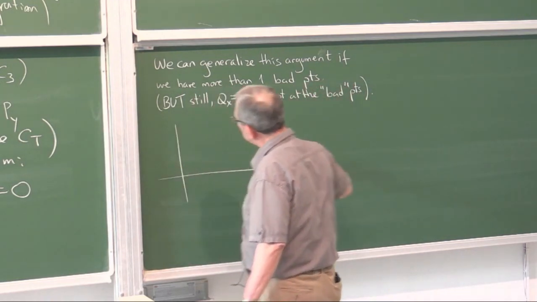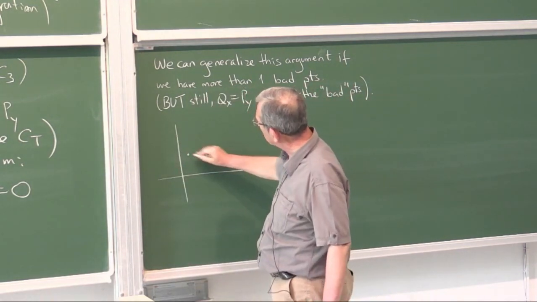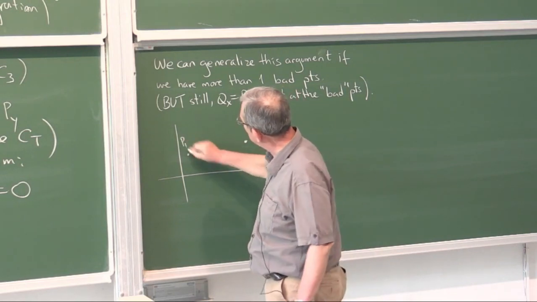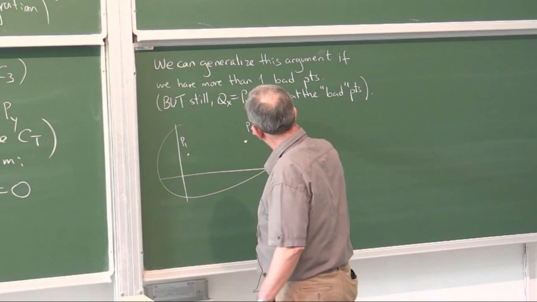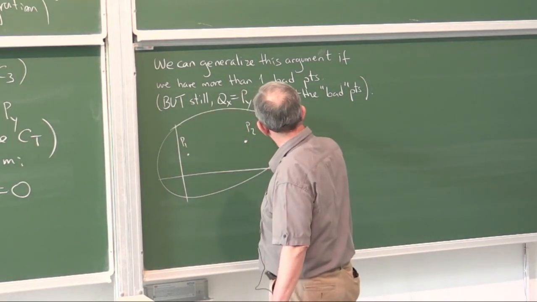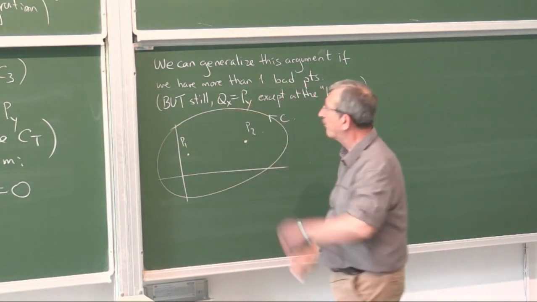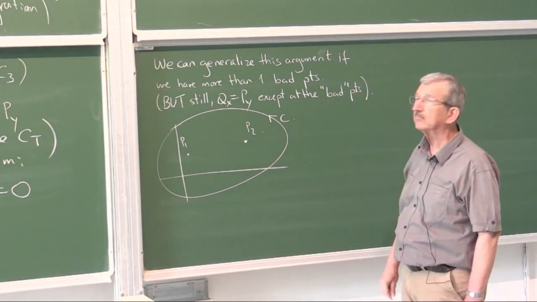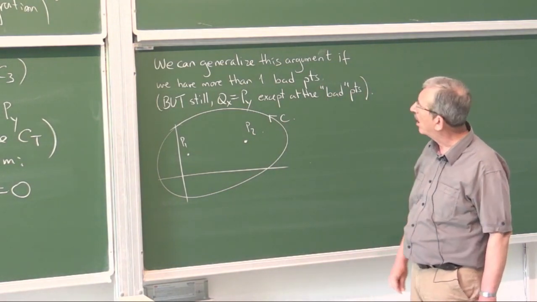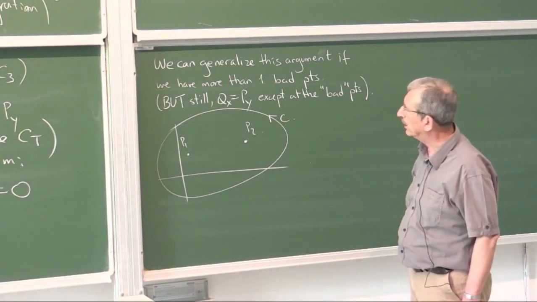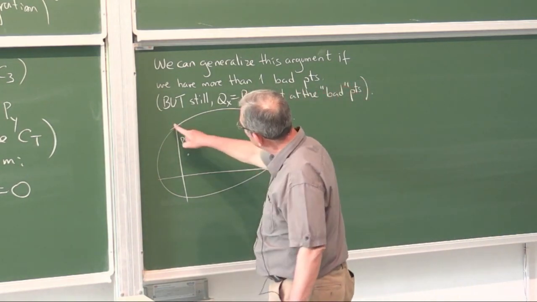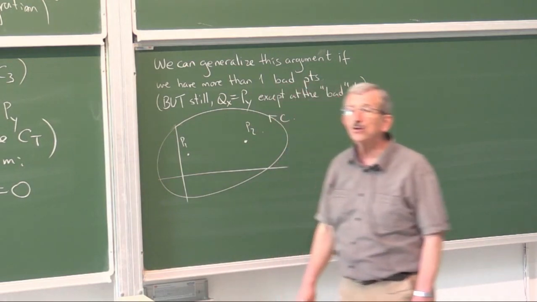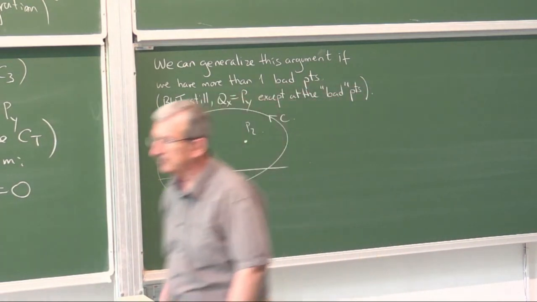Namely the following. Suppose we have two bad points, P1 and P2. And we have a curve containing both bad points. Now, what can we do here? Well, firstly, we can dig two canals.